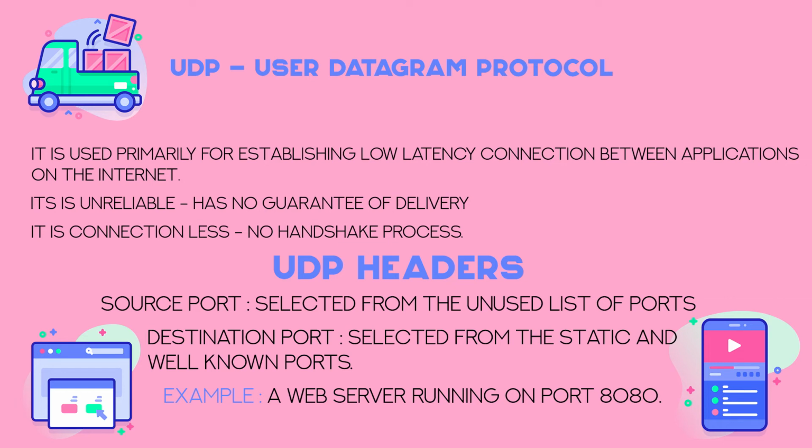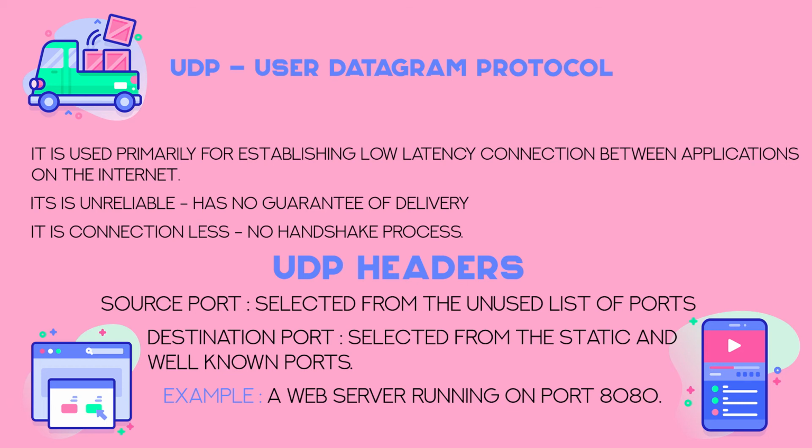We'll discuss this handshake in a separate video. For now, just know that UDP is used for low latency connections between applications on the internet, and it's unreliable and doesn't require any handshake process. That makes it extremely fast. Anyway, let's look at its header.